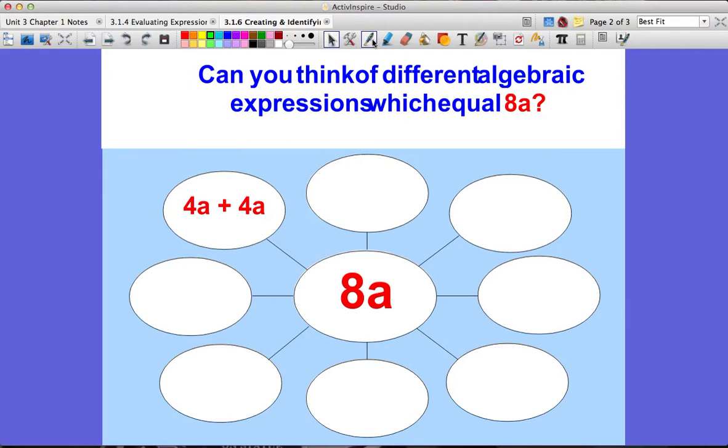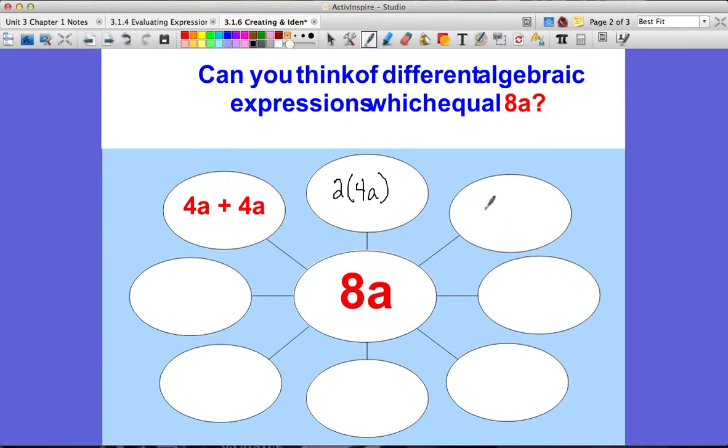Another way that I could do this is to take the 8a and split it into 2 times 4a, because when I simplify it, it goes to 8a.